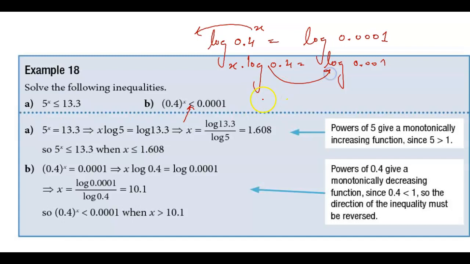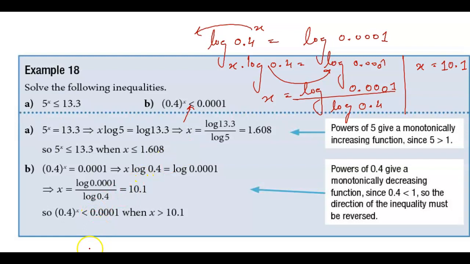Take it on the other side, you will be having x equals log of 0.001, I forgot one 0 over here, divided by log of 0.4. Okay, use your calculator and you'll be getting the answer, x equals 10.1.